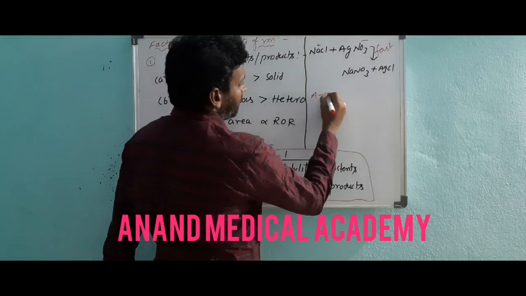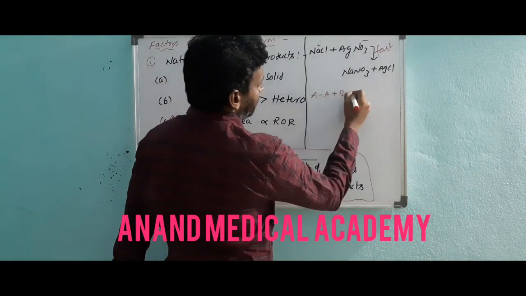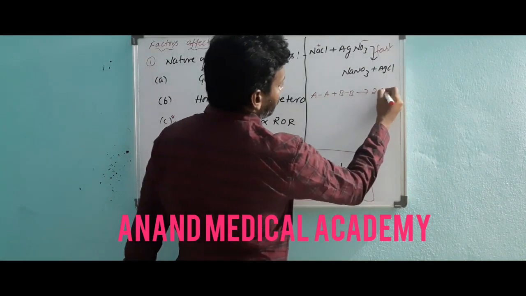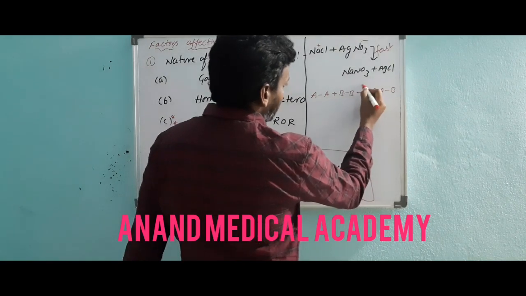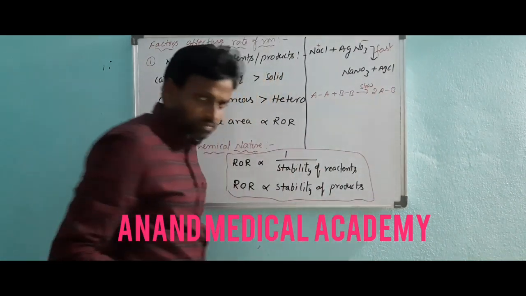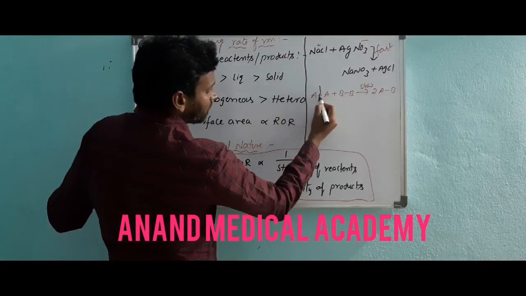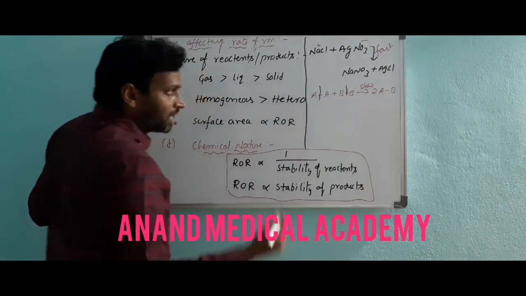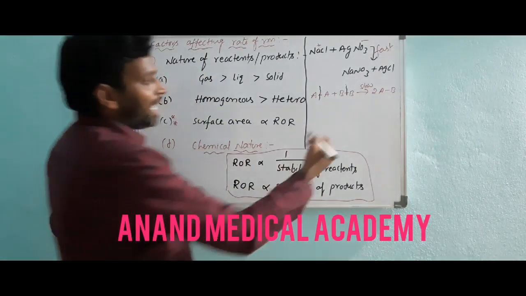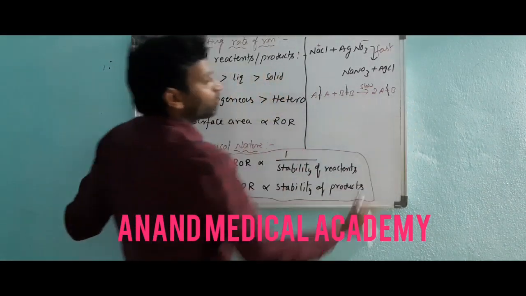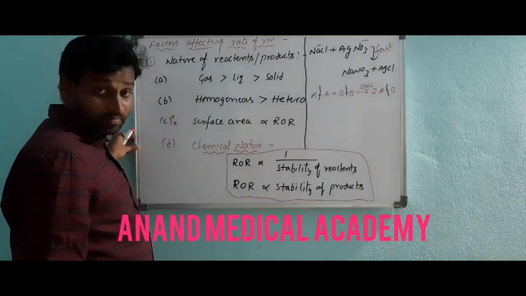Suppose AA plus BB gives rise to 2AB. It is somewhat moderate, of course we can consider it slow. Right? Because here the AA bond has to break, the BB bond has to break, and a new bond has to form between AB.